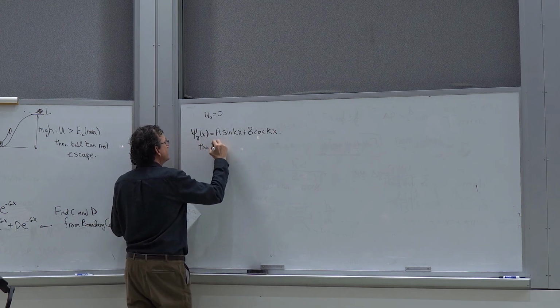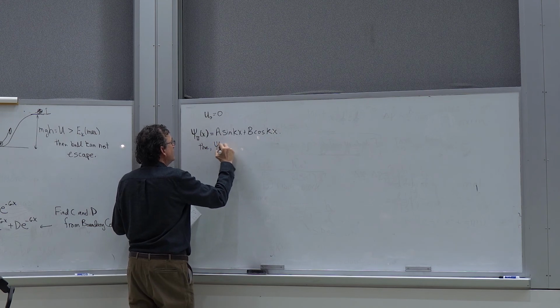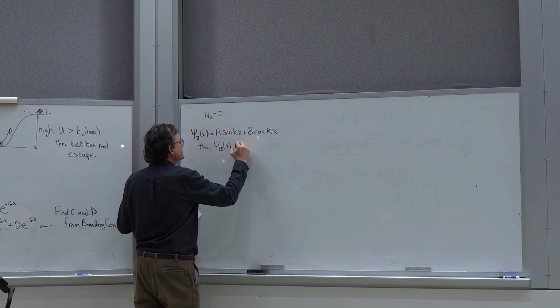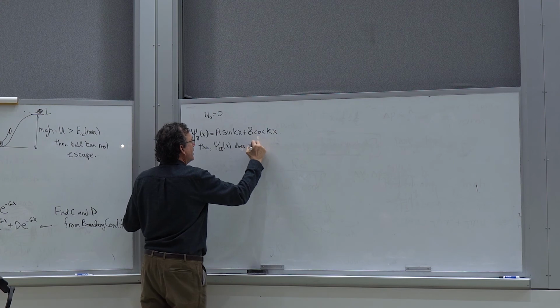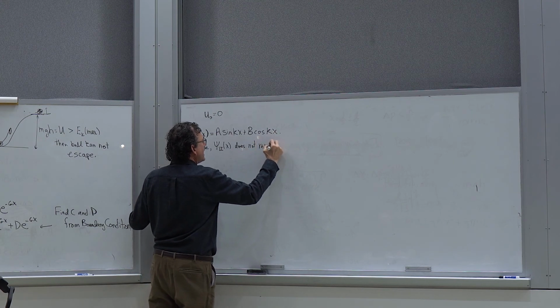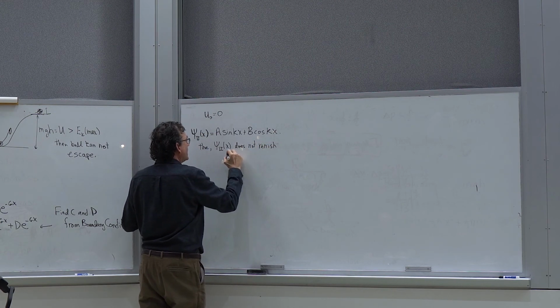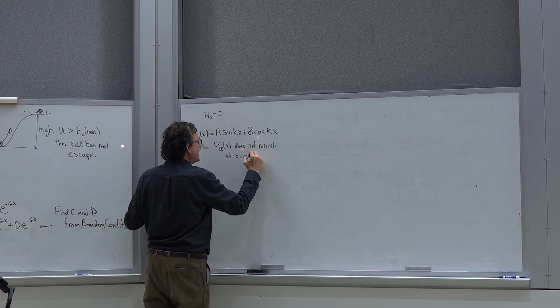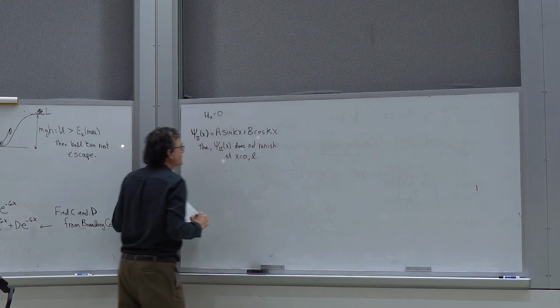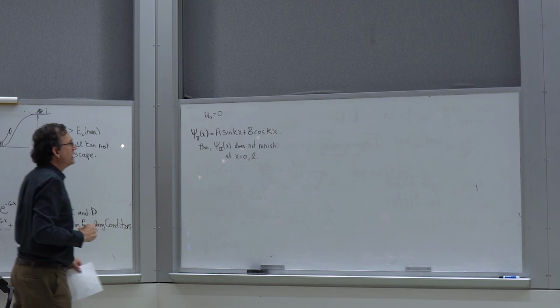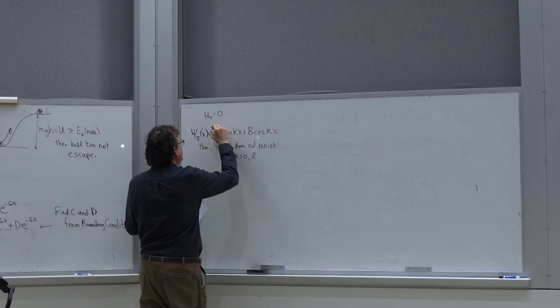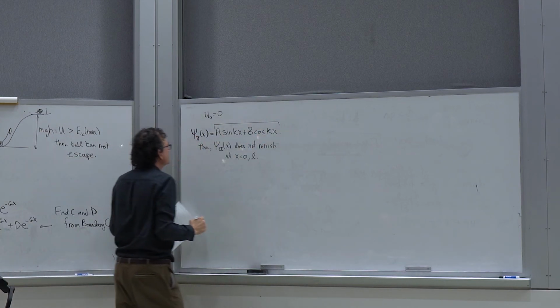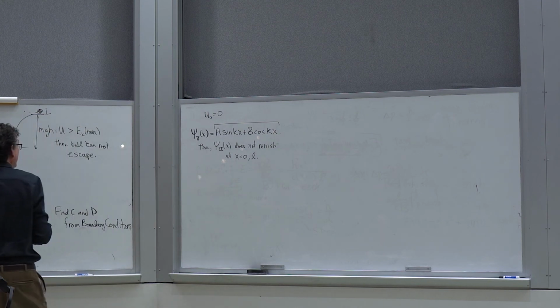We know that the wave function psi 2 of x does not vanish at x equals 0 or x equal to L, right? So now we don't need to throw away this term, and we're going to keep it as part of the solution to the wave equation in this region too.